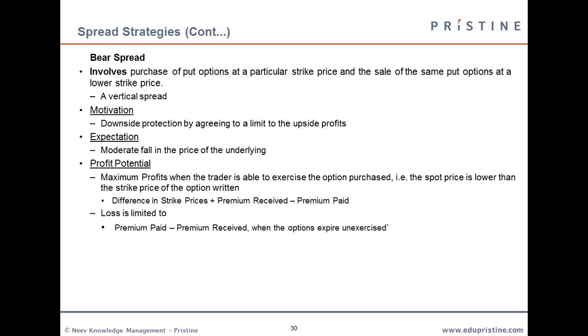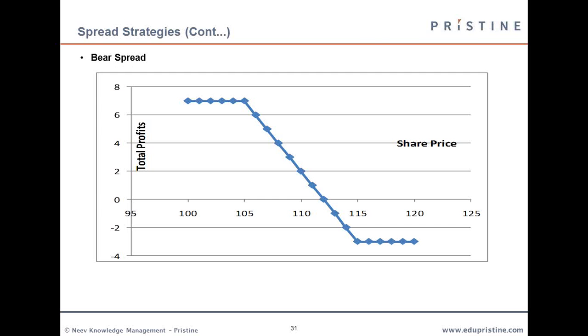With call options, it's exactly the opposite: we sell the call option at a lower strike price and purchase the call option at the higher strike price. What it does is it gives this kind of a payoff. Again, it is essentially the same. We are limiting the downside risk while sacrificing the profit potential on the upside.